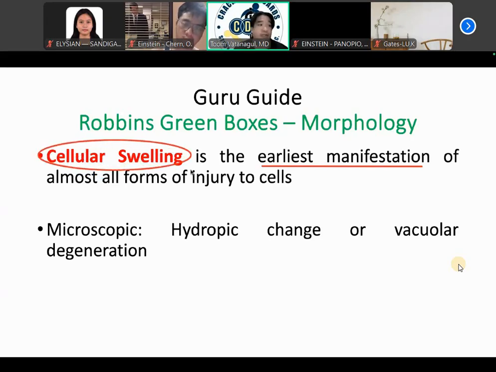And what is the pathologic term again? What is the pathologic term of cellular swelling? Okay, this is also known as hydropic degeneration, or hydropic change. So microscopically, you're going to see the hydropic change or the vacuolar degeneration.